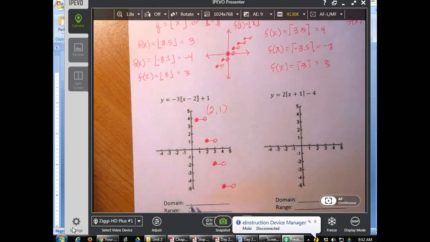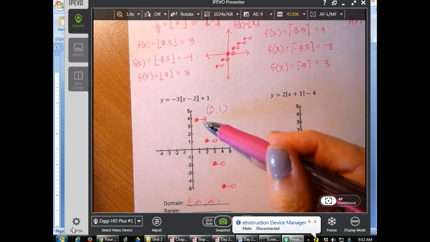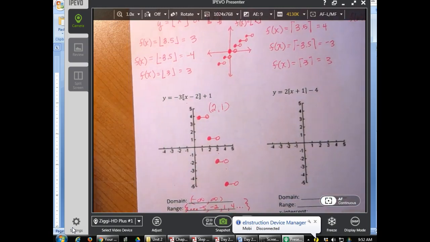Now, the domain for these will always be negative infinity to infinity. The range here is kind of weird because it goes from -5 to -2 to 1 to 4. So I have a mixture of odd and even numbers. So I'm going to say dot, dot, dot, start with -5, then -2, then 1, then 4, dot, dot, dot, in that pattern. The x-intercept here is none.